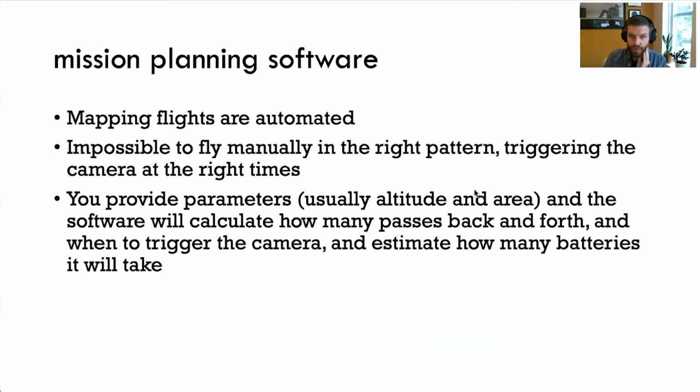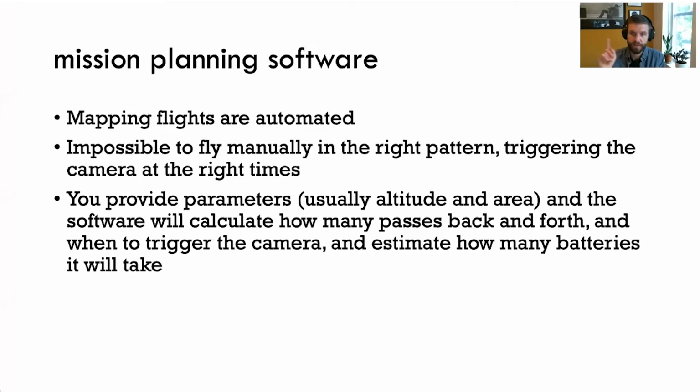It's necessary to use mission planning software. The mapping flights are automated because it's probably impossible to fly a drone manually in the right pattern and trigger the camera at the right times in order to get that complete coverage with the right amount of overlap across the entire area that you're trying to map.